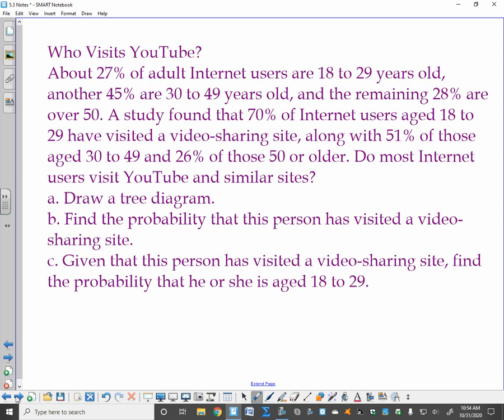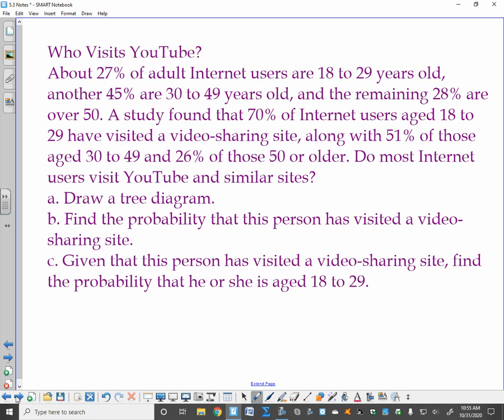This isn't necessarily two obvious events, but there are groups, and then those groups are divided into groups. So that's how I know that this needs a tree. So I see 3 branches originally going into the 3 different age groups, and then I see 2 branches coming off of each age group for using the internet or not using the internet.